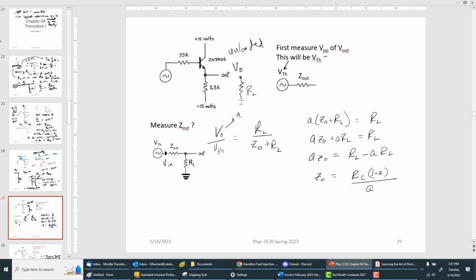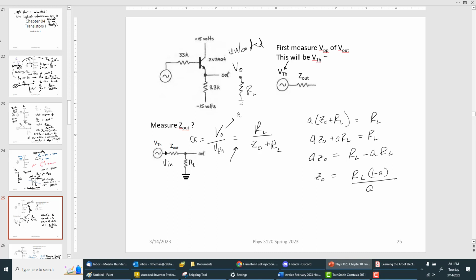So now we know the standard voltage divider equation. And just to make our lives easier, so we don't have to write V out over V in over and over again, we're just going to call it little letter A. And so then we do our cross multiplication as before, because remember we had A over here on the left.